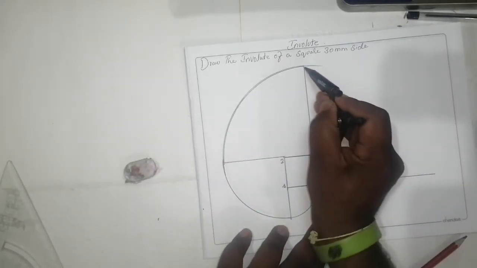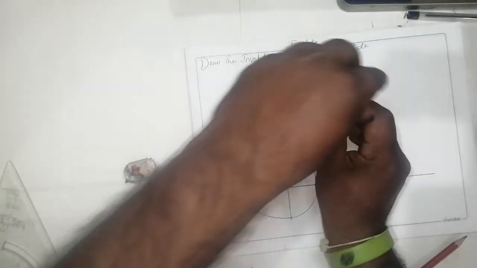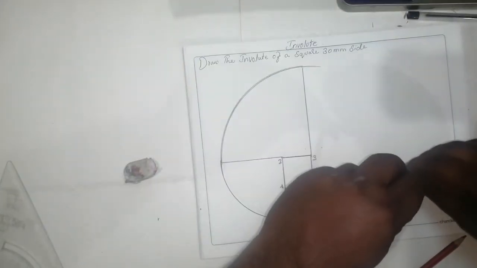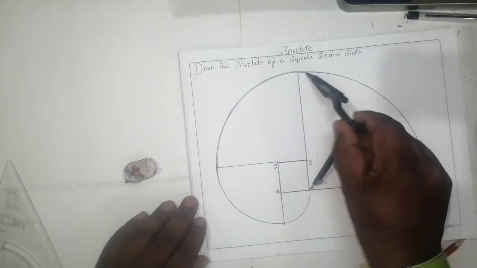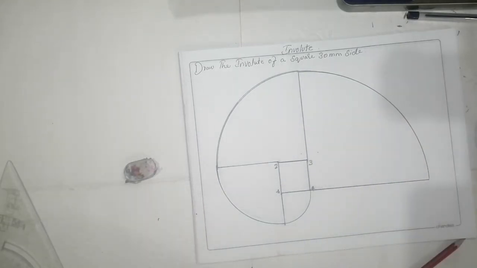Again take from 4, keep here. That's all, friends, it's very easy. Then you will get an involute.